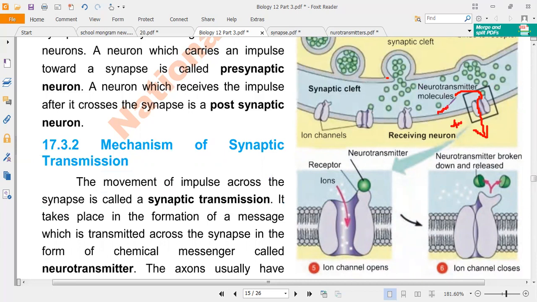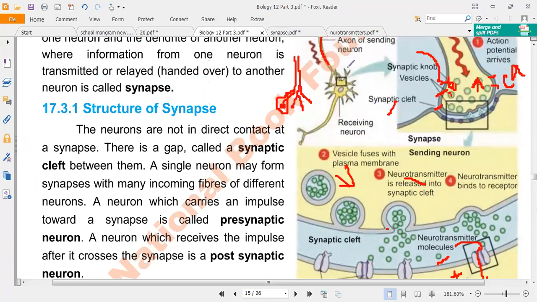The same happens, and it will conduct the action potential, and it will move all around the neuron, in the next neuron here, from all the sides.